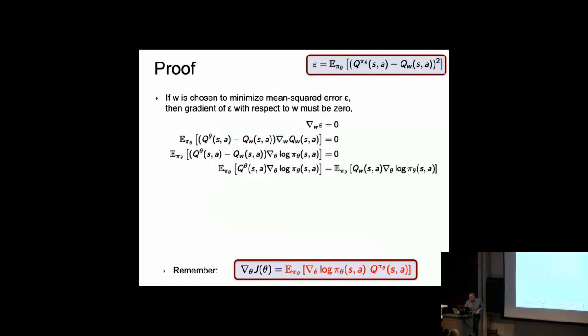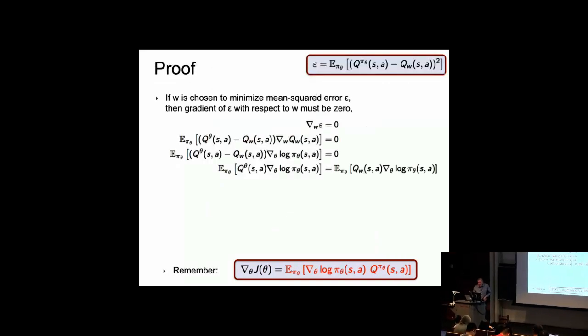Okay, now we'll prove this very easily. So one thing to notice is this. There's my definition of error up in the right corner, just copied over from the previous slide.